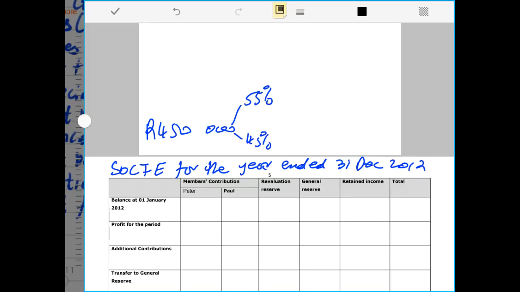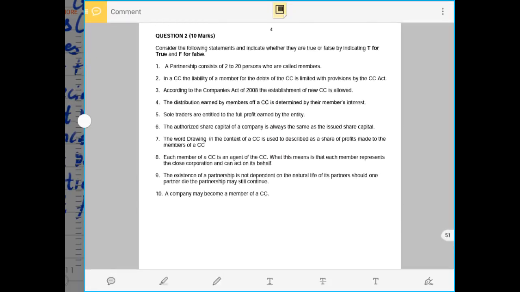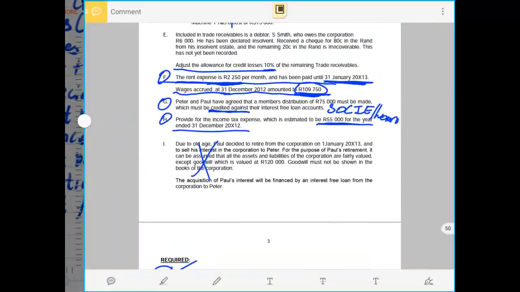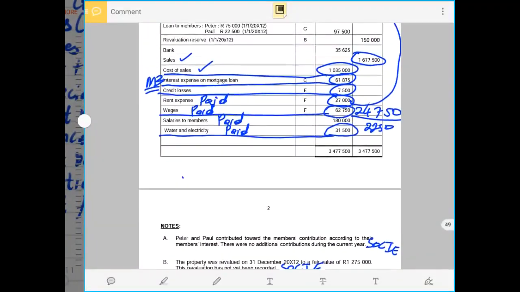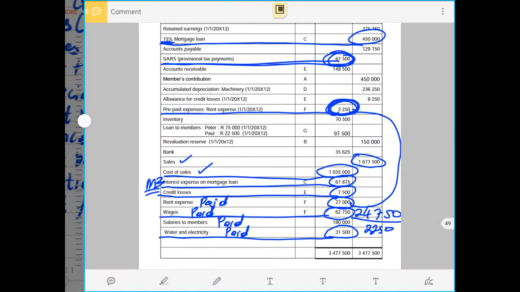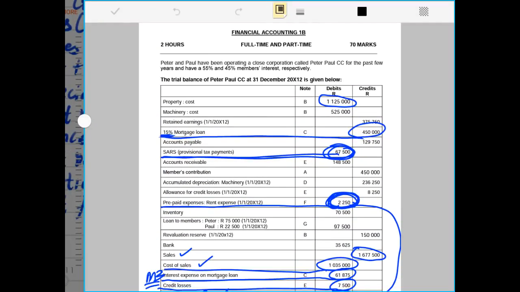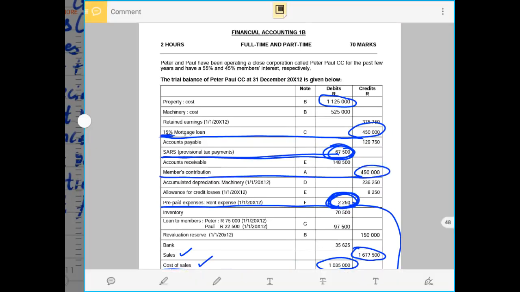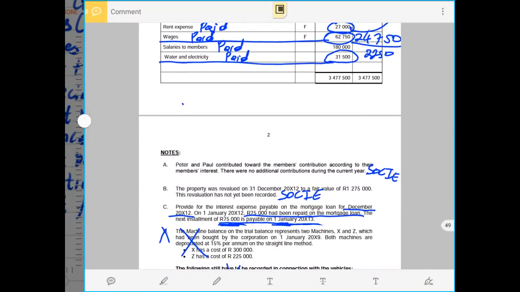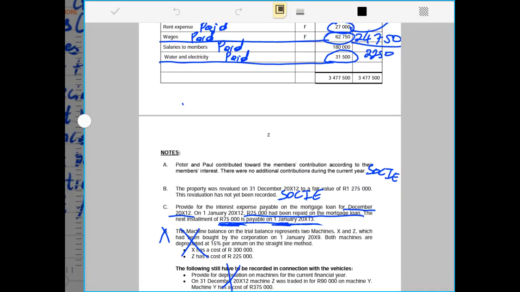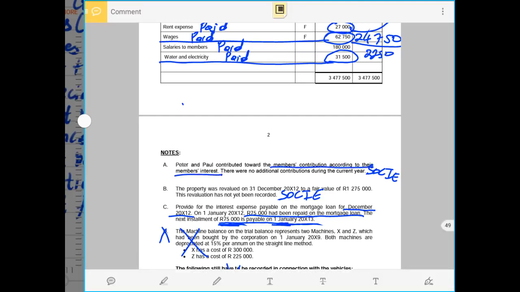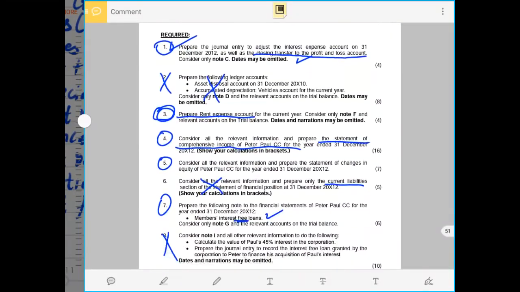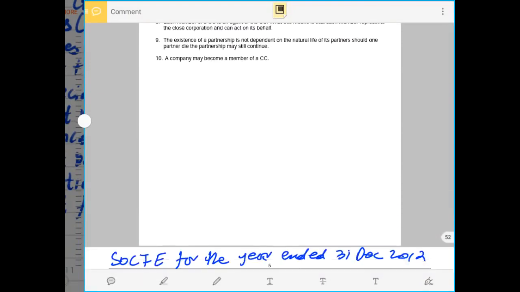Out of that capital contribution, how much was contributed by member Peter and by member Paul? The members' contribution is 450,000 rands, which was based on their members' interest.